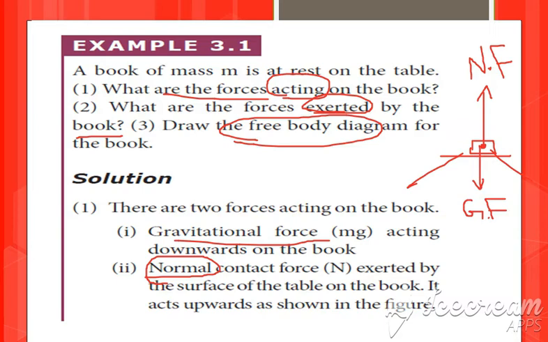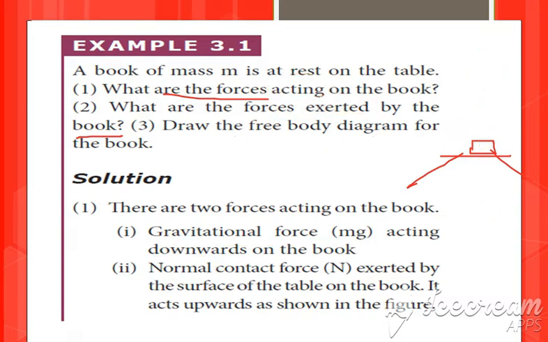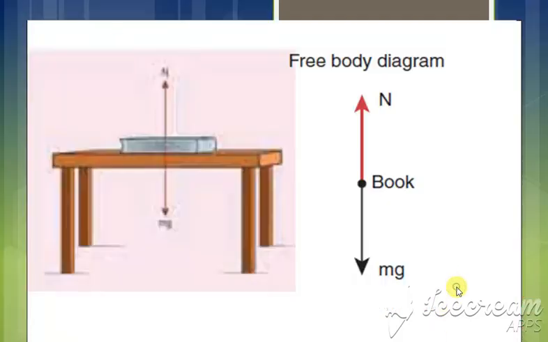For that we have to consider the same book, and let us draw the diagram for this. This is a book. Downward there is a gravitational force, upward a normal force. This is the representation of a free body diagram. We are representing the book as a point. The two forces we have identified are the normal force and the gravitational force.